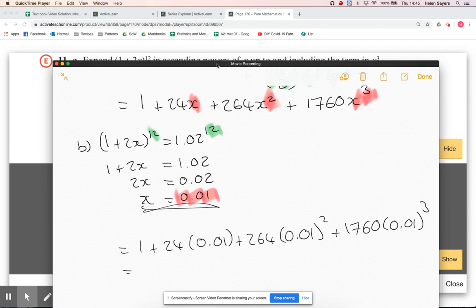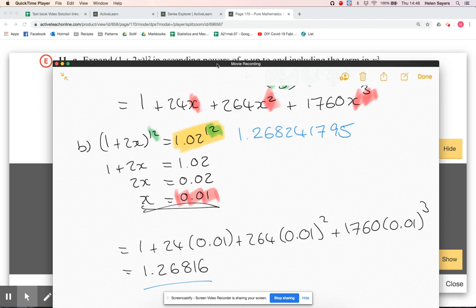Okay, so assuming I haven't typed any of that in wrong, I am getting 1.26816. The way I can check if that seems reasonable is to go back and put 1.02 to the power of 12 into my calculator. I'm expecting my approximation to be very close. I wouldn't actually write this down normally, I would just put it into my calculator and check, but that's what I get as the actual answer.